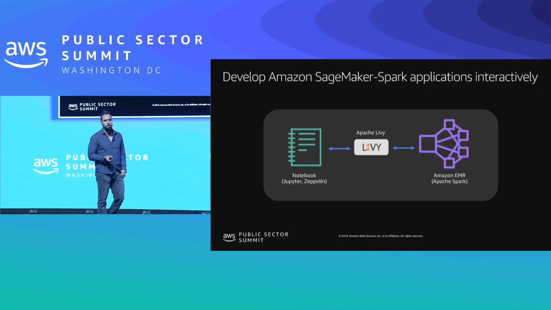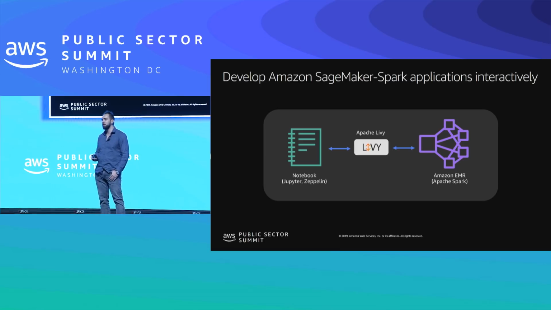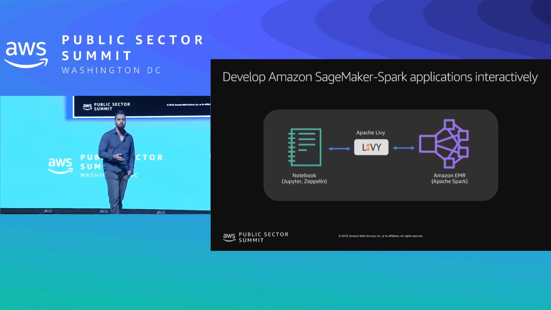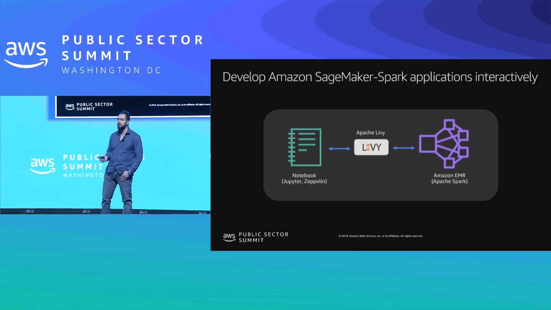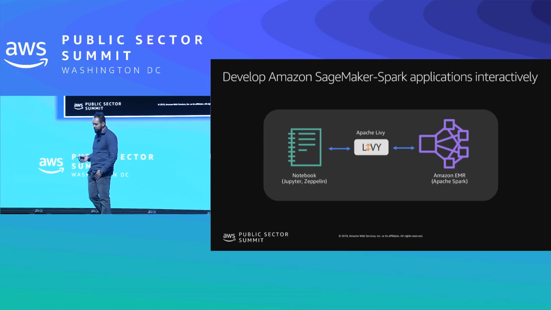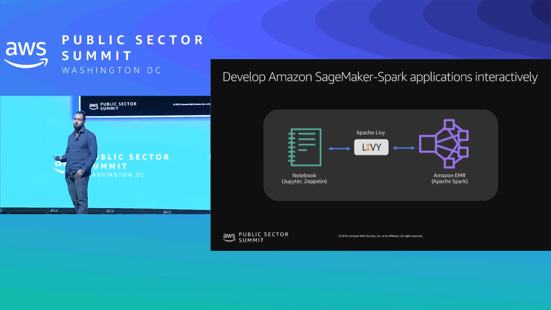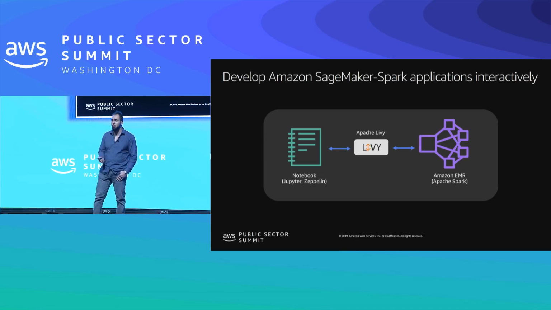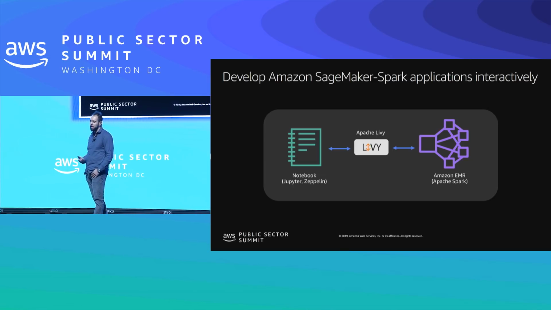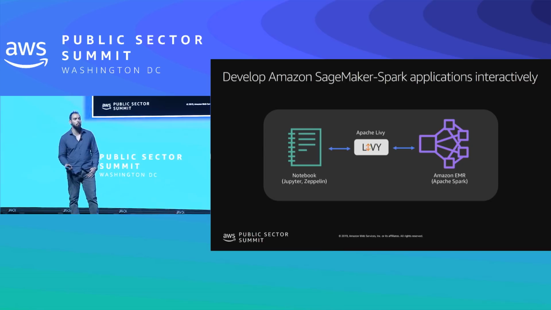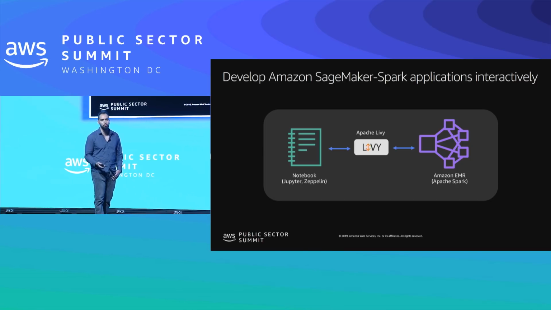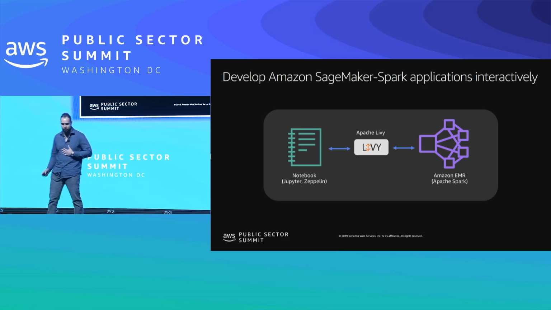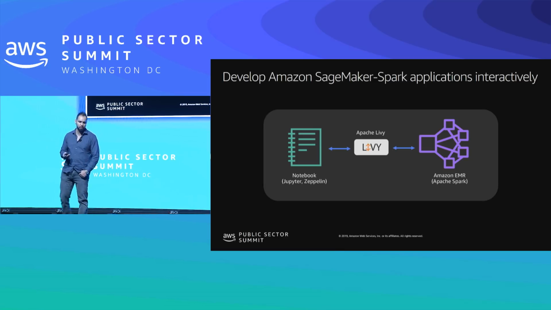Now, one thing to know is that whenever you need to run Spark from a notebook like Jupyter, the way that Jupyter will communicate with Spark is through an application called Livy. Apache Livy is ultimately a REST server for Spark, so that allows you to make REST API calls to Spark. But not only that, it's the actual application that notebooks like Jupyter, Hue, as well as Zeppelin will use in order for you to create Spark notebooks.